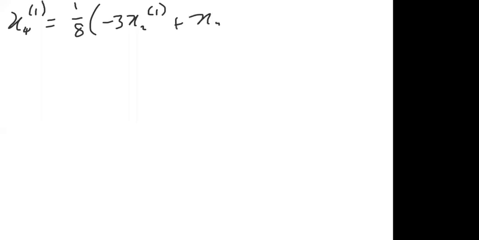And you can do the same to find small x4 1. Let me just demonstrate it to you on the next board. So x4 1 is going to have 1 over 8, then minus 3 x2 1. I'll use 1 because I've already found small x2 1, then plus x3 1, then plus the constant, which is 15.